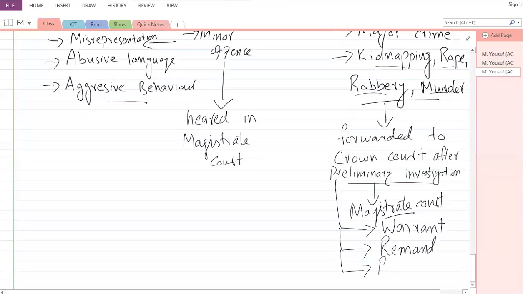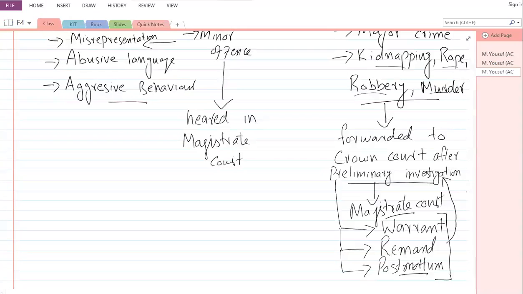They can have a post-mortem order from magistrate court. So they can get all these orders from the magistrate court, but the trial of that indictable offence will not start in magistrate court. It will be forwarded to Crown Court for trial purposes. So the hearing of the case will start in Crown Court.